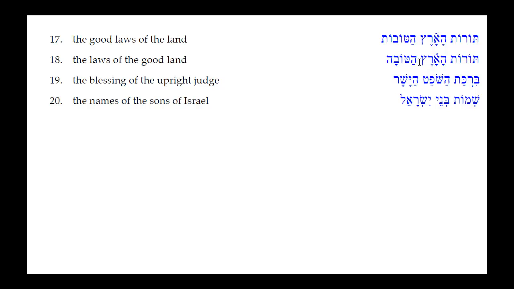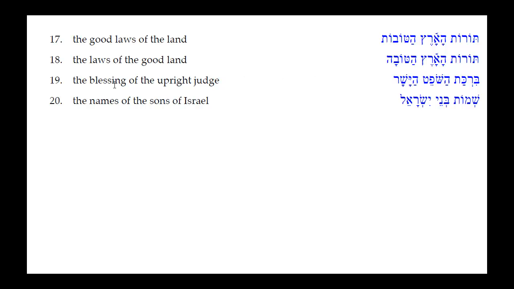But in this case, the adjective is going to agree with land and not laws. Land is feminine singular, so this has got to be feminine singular. So it's got to be hatova. So Torot ha'aretz hatova is the laws of the good land.